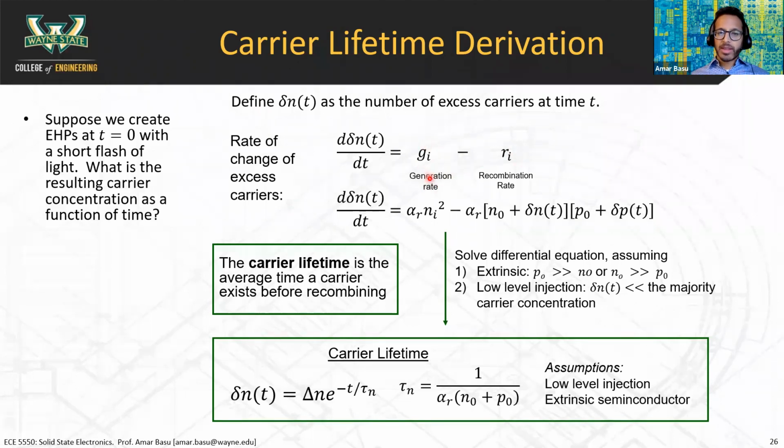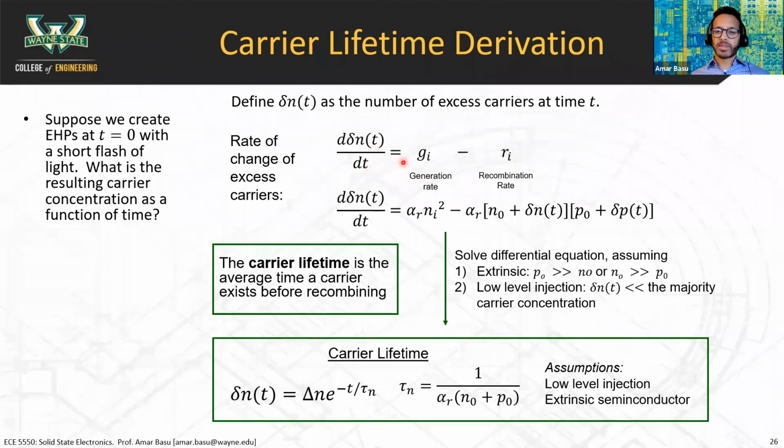Generation rate is how quickly the electrons are being generated. Recombination rate is how quickly the electrons are going away, disappearing. So generation creates electrons, recombination removes electrons. So the generation rate minus the recombination rate is going to be your rate of change of electron concentration.